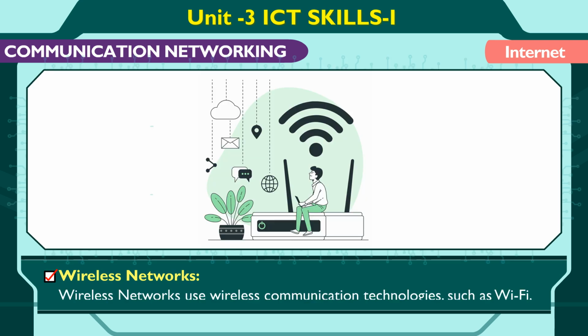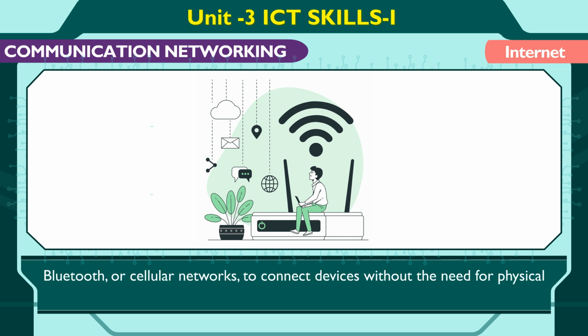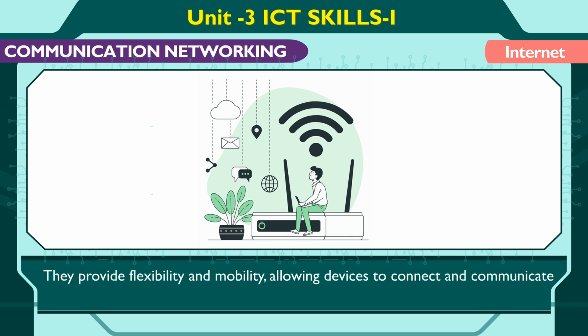Wireless networks. Wireless networks use wireless communication technologies such as Wi-Fi, Bluetooth, or cellular networks to connect devices without the need for physical cables. They provide flexibility and mobility, allowing devices to connect and communicate wirelessly within a specific range.